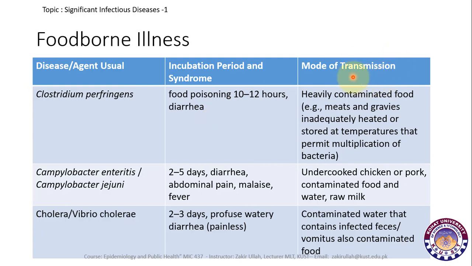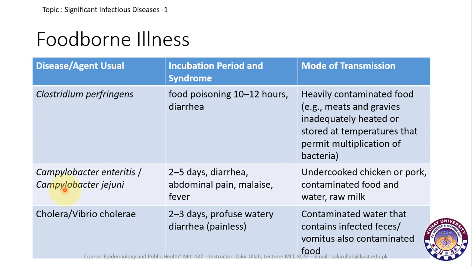It is transmitted by heavily contaminated food, for example meats or gravies inadequately heated, or stored at temperatures that permit the multiplication of Clostridium perfringens.